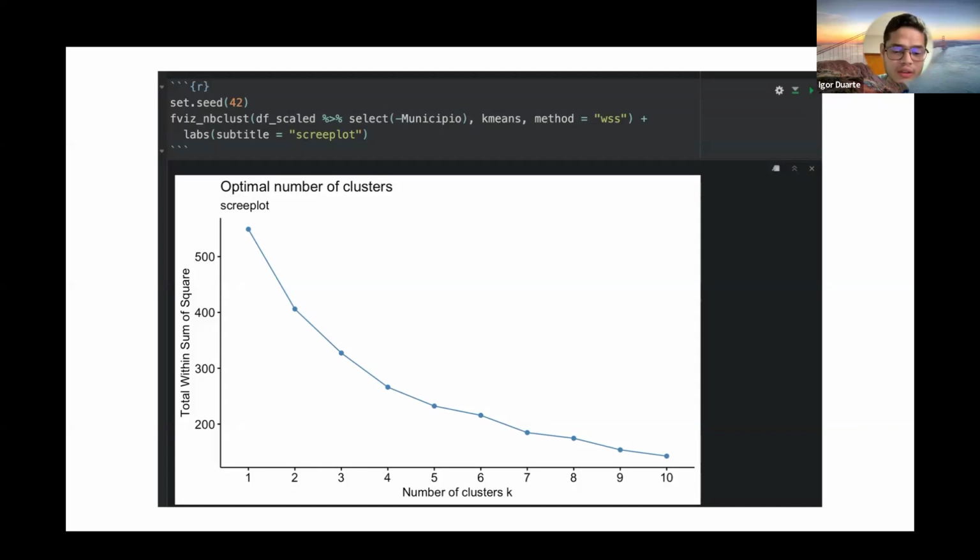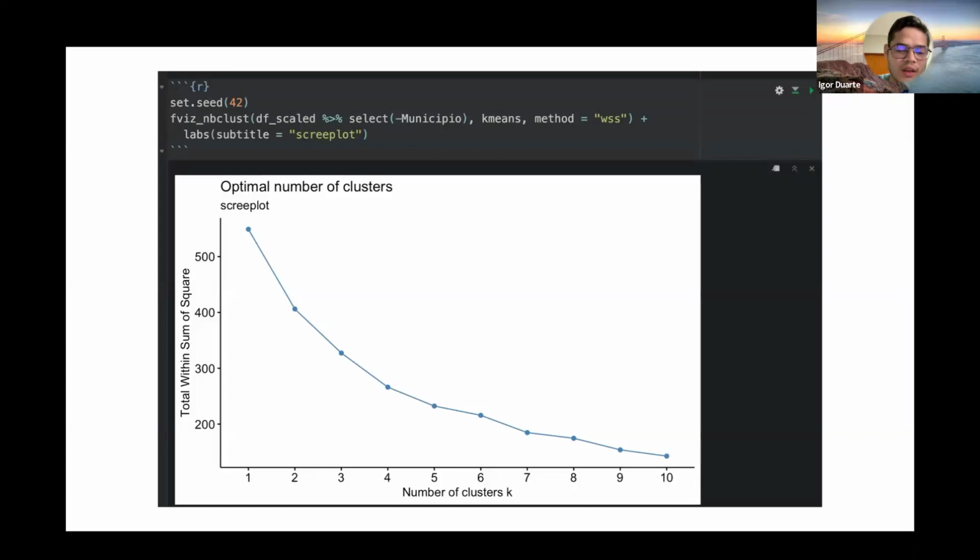So I will use a graph to visualize the elbow break, as you can see here. This function comes from factoextra, the function fviz_nbclust. I am using the data set without the city column, as I said, and I specify which clustering method I will use. I select k-means, and the method WSS is a metric that means within-cluster sum of squares.